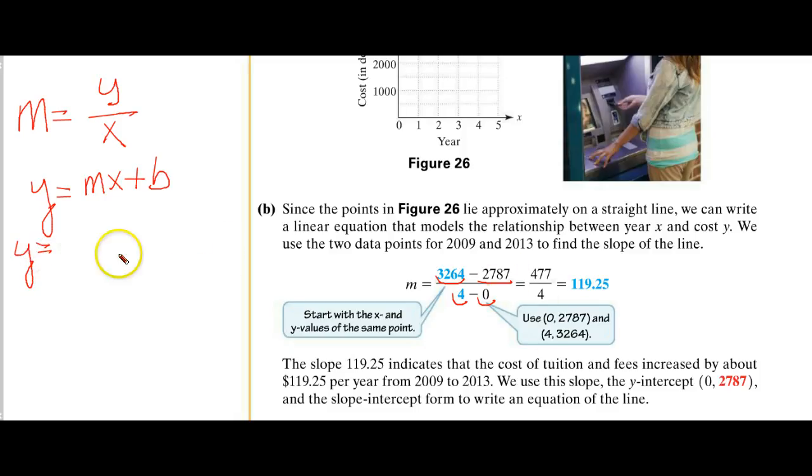Our slope is 1.1925 times X plus, what was it that first year? What's our B value? Well, they give it to us right here. Our B value is 2787. So there's our equation. So what year do we want?